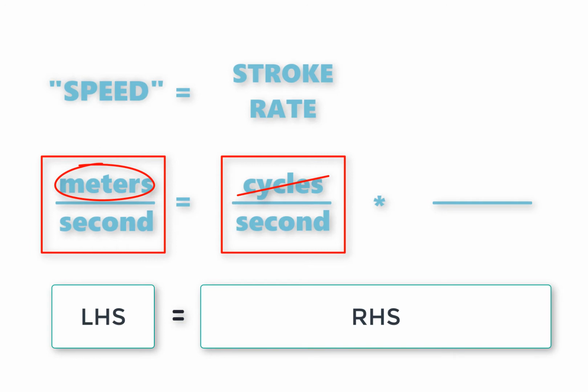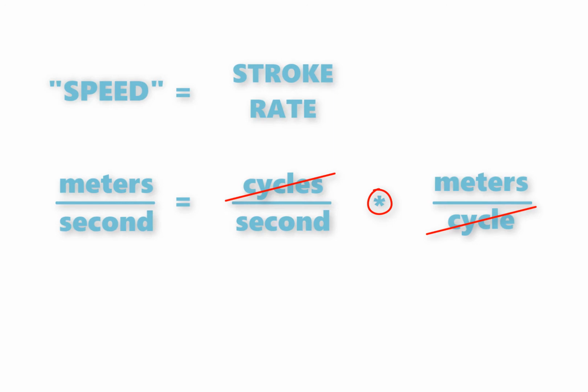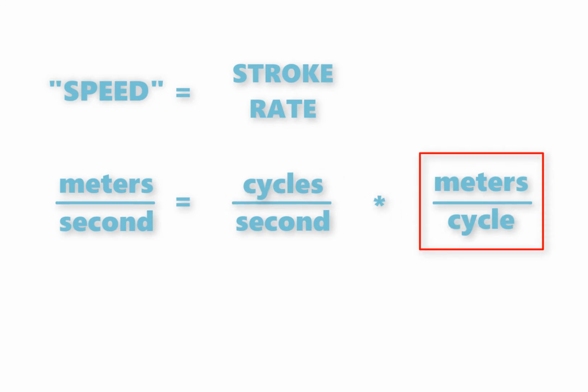In algebra, those are the rules. So we want meters to be the numerator of this new variable, so we'll put that one on top. Cycles needs to be eliminated, so we'll put that as the denominator, or on the bottom.